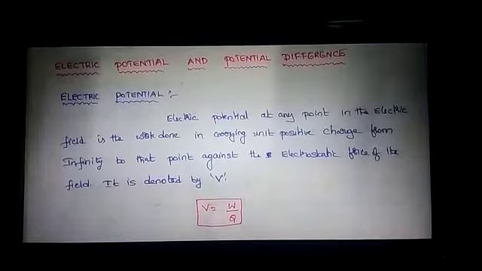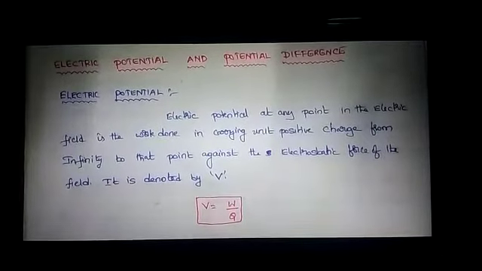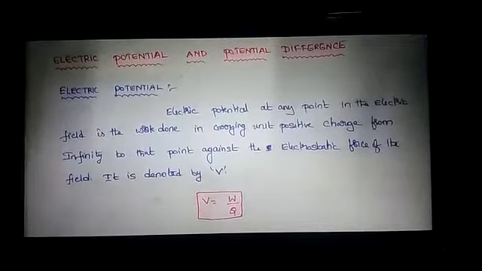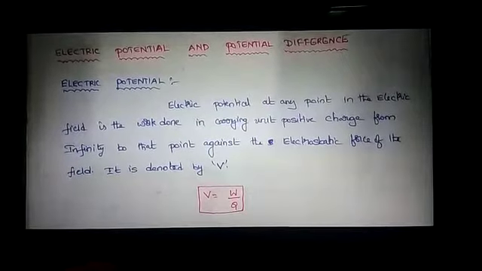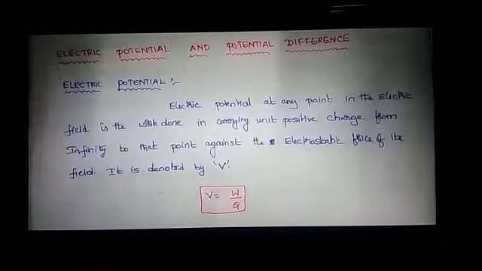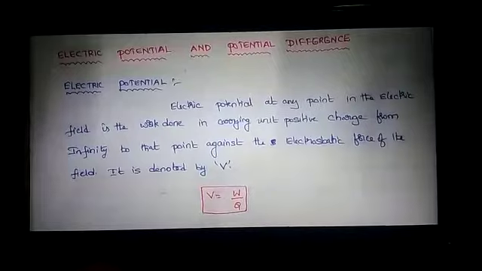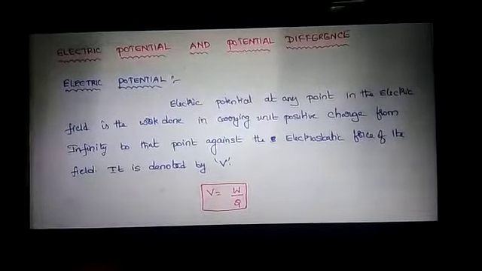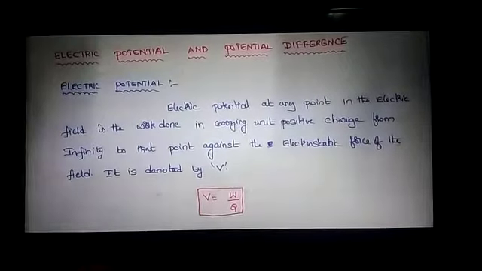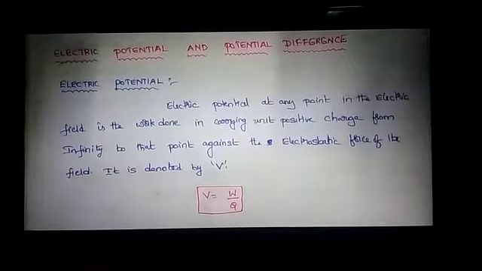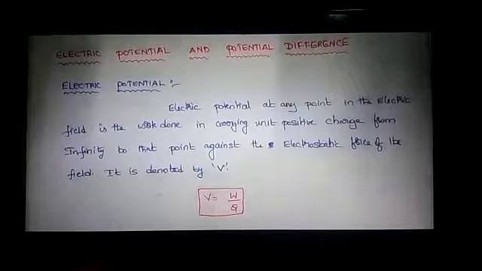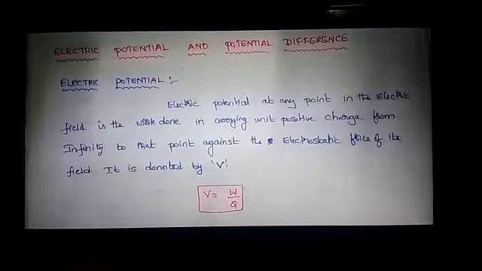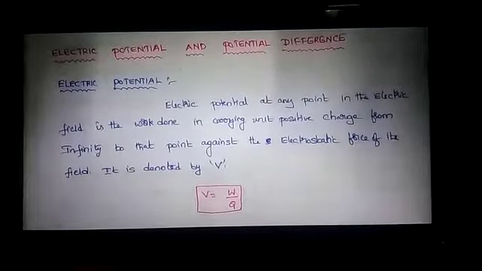Electric potential at any point in the electric field is the work done in carrying a unit positive charge from infinity to that point against the electrostatic force of the field. It is denoted by capital V. So in an electric field, some work is done in carrying a positive charge.